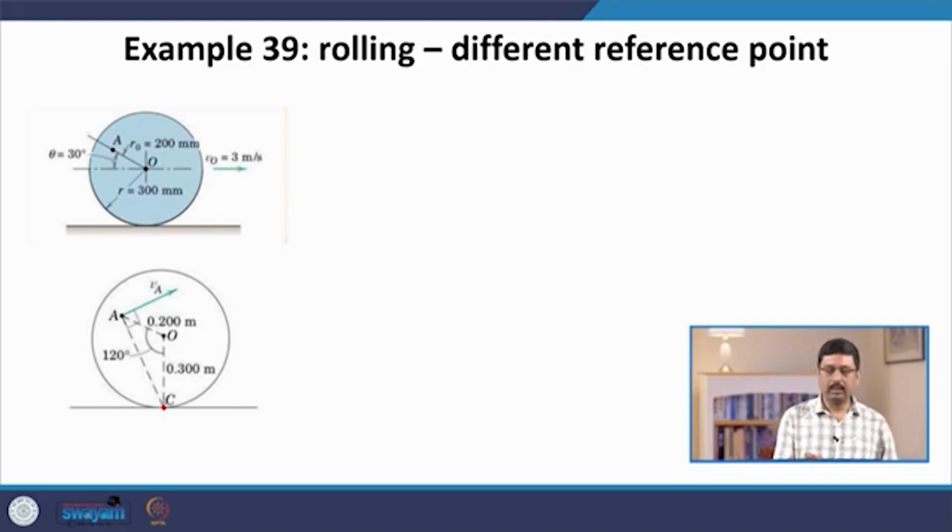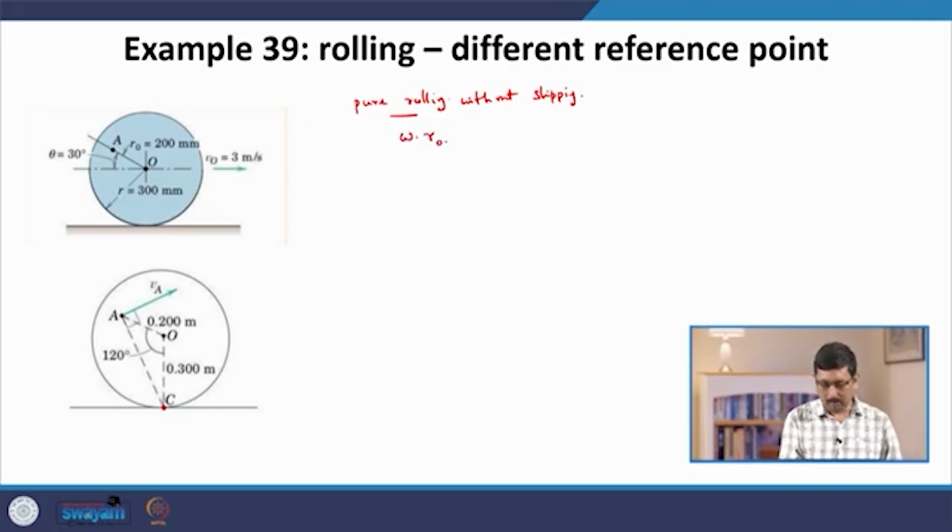Now, first let us quickly estimate the angular velocity of the wheel. We did this in the previous example in the last lecture. In pure rolling without slipping, we got the relation that omega times the ROC must be equal to V0.